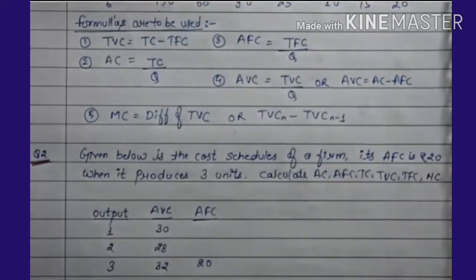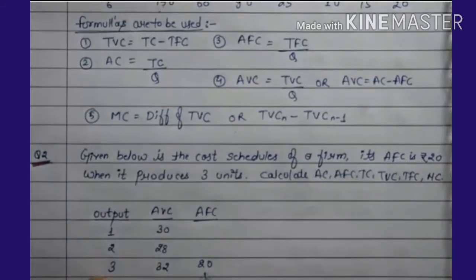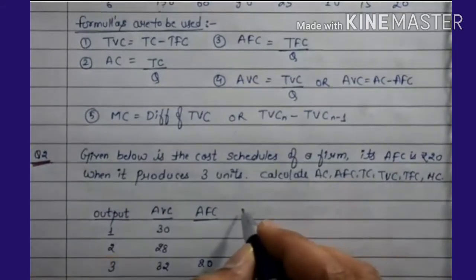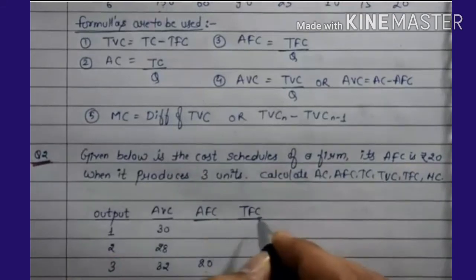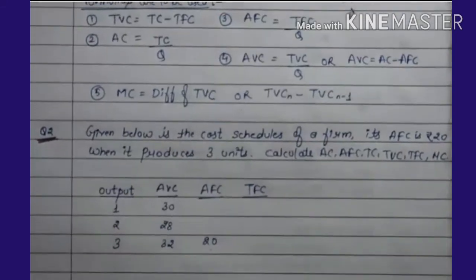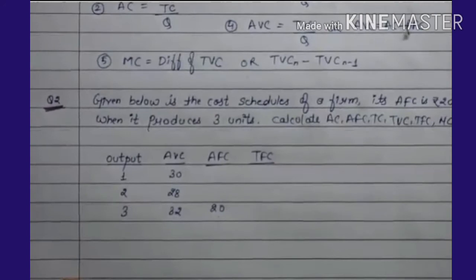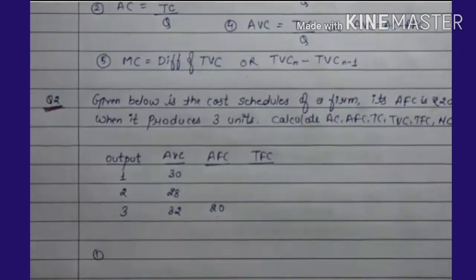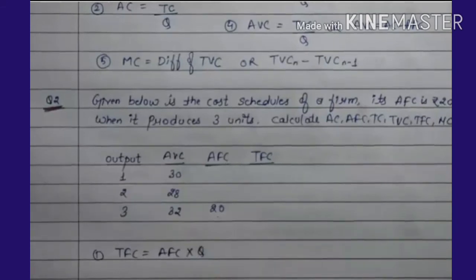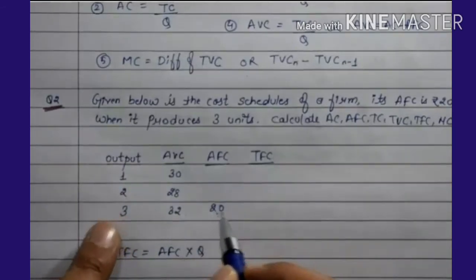So how will you calculate it? First you have to find TFC. So how will you find the TFC? TFC is equal to AFC into Q. So by multiplying both, that is AFC and Q, you will be getting the answer.